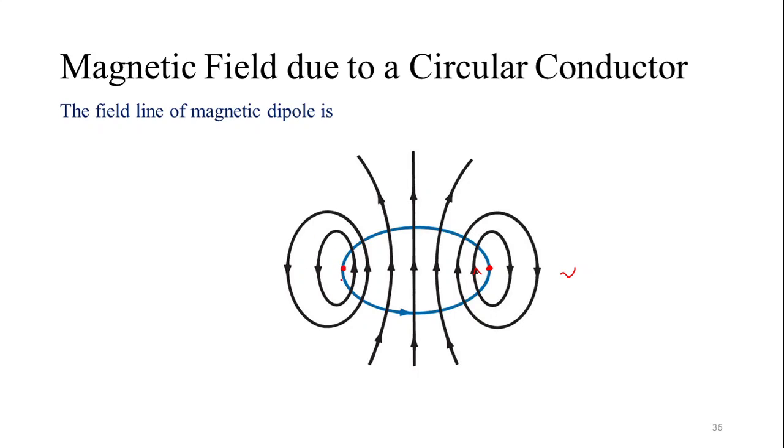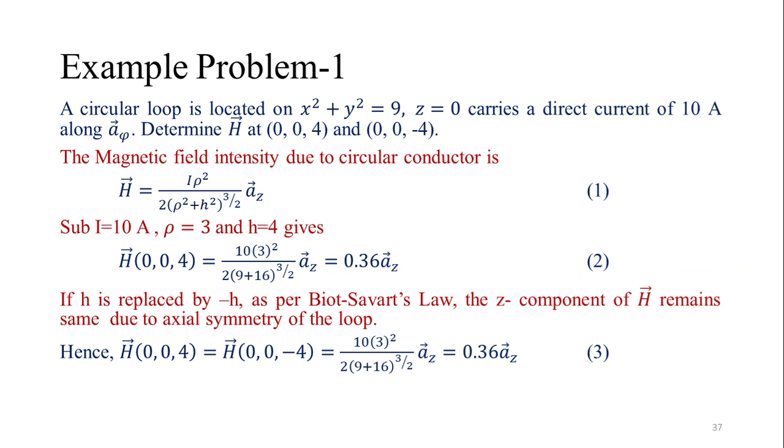Okay, so it will be in this direction, like this. Okay, so this one is more or less like a magnetic dipole, with fields originating from one point and ending at another point. Now let's have some problems based on this.